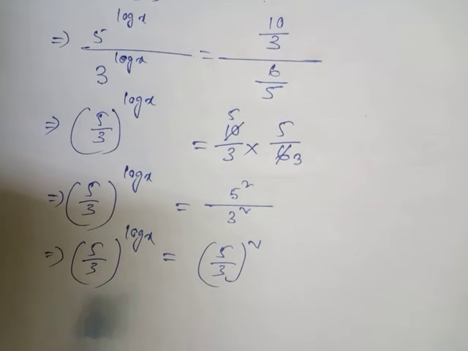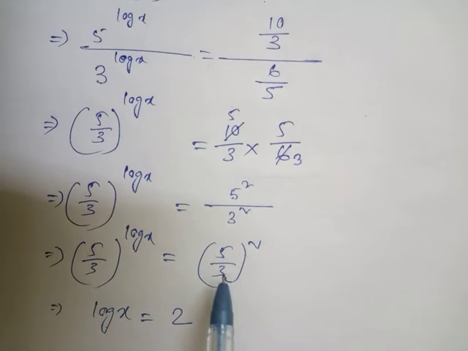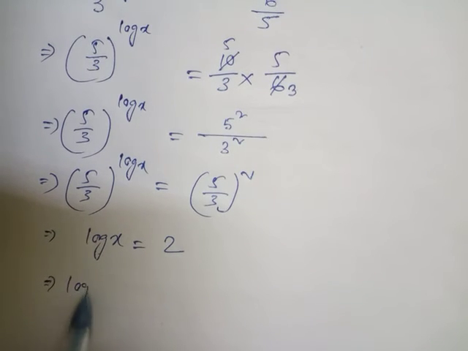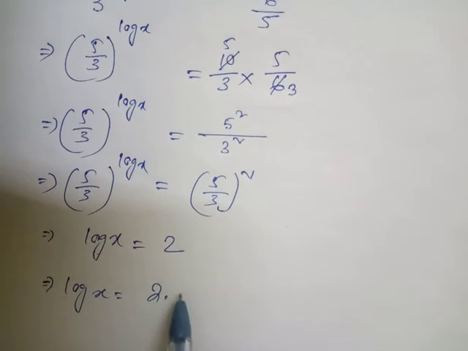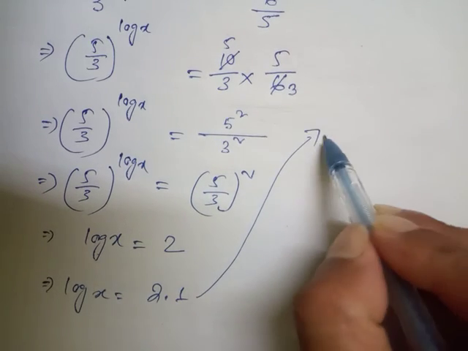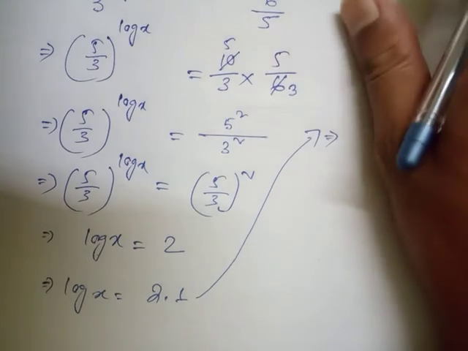Now base same, powers are equal, so here we'll write that log x equals 2. 5 by 3 is the base, and log x and 2 are the powers, so base same, powers are equal. Now, since there is log x, we can write 2 into 1. Now look, I am writing here on this side.